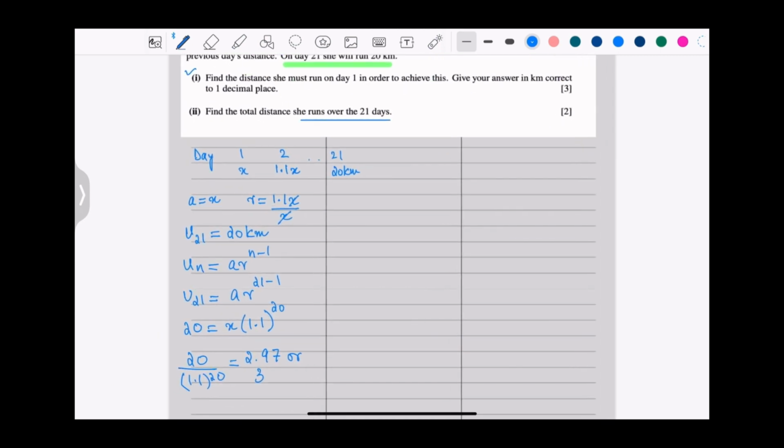So we are to find S of 21 here. S n is equal to a times r to the power of n minus 1 over r minus 1, since ratio is bigger than 1. S21 is going to be, since we have the value of x, which is 3, or a, 3 times 1.1 to the power 21 minus 1 over 1.1 minus 1.